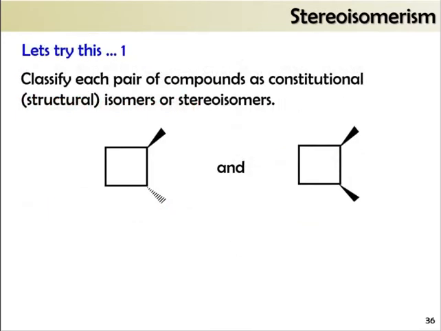Okay, before we start for cis-trans isomer, let's try this. Classify each pair of compounds as constitutional isomers or stereoisomers. This structure, both of the structure in terms of connectivity of atom is same.